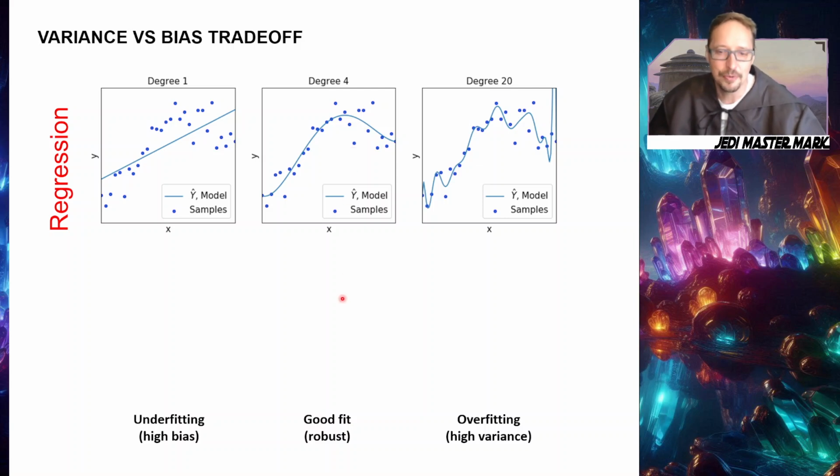So let's look at this. Here I've drawn 3 different columns. So we have an underfitting column, which is high bias, one that's a good fit, and one that's overfitting with high variance. We're going to use regression in this row, and afterwards we're going to introduce a classification one as well. This degree up above is the degree of polynomial, or the number of these terms that we've added to the model.